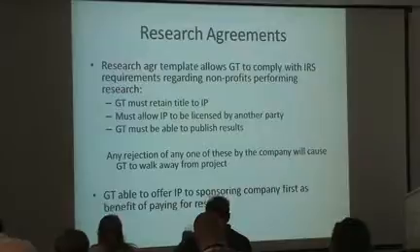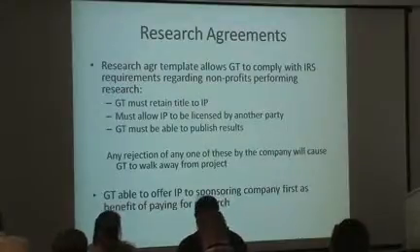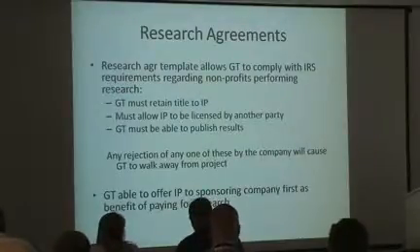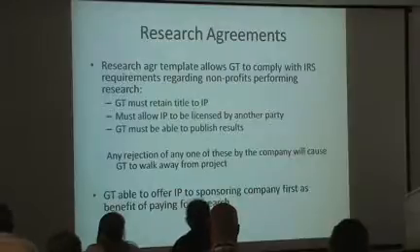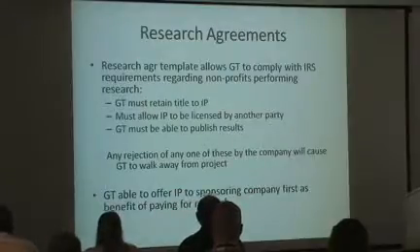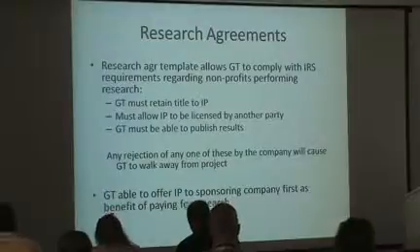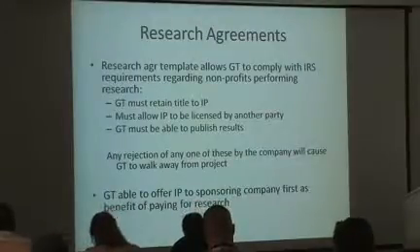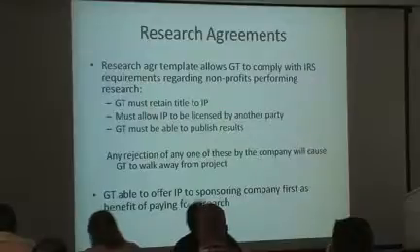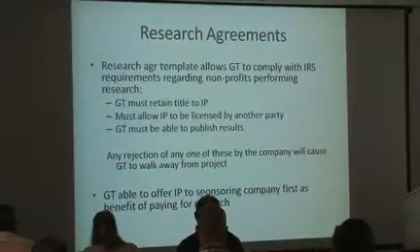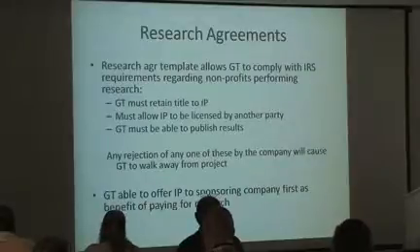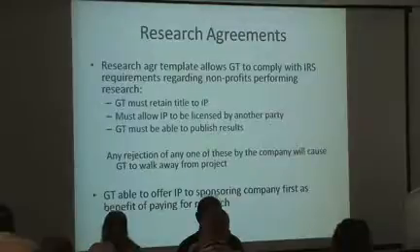So, as I said, through some trial and error, we've created this research agreement template, and I have a copy I'm going to show you in a minute of what it looks like. It complies with the IRS regulations about how universities conduct research. We are required to retain title to the IP, we must have this IP available for outside parties to get access to, and we must be able to publish the results.